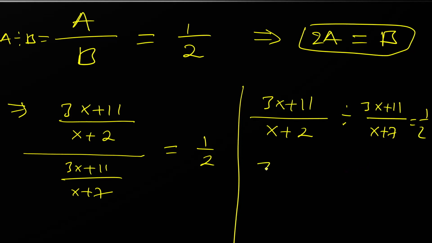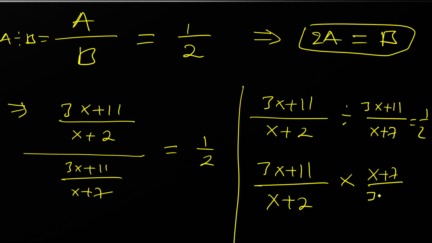So we can say (3x + 11)/(x + 2) times (x + 7)/(3x + 11) equals half.